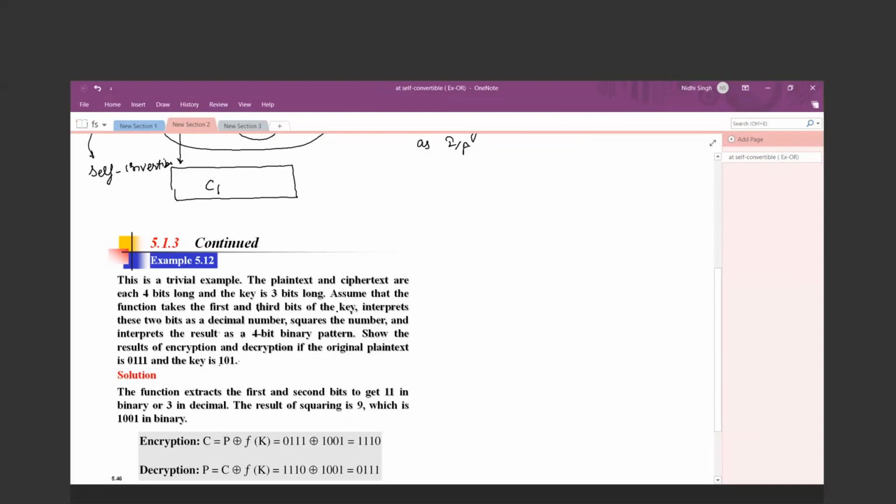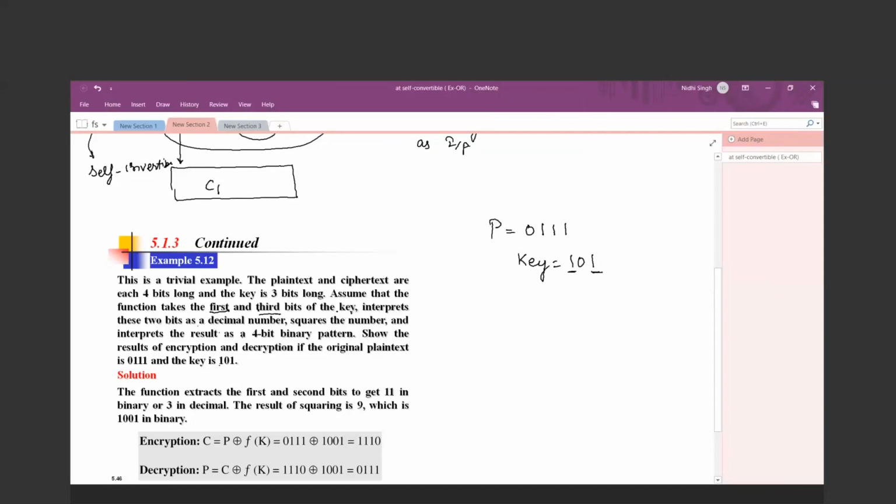Suppose the original plain text given is 0111 and now my key is 101. So the condition says we have to assume the first and third bits of the key. What is the first bit? 1, and the third bit is 1.